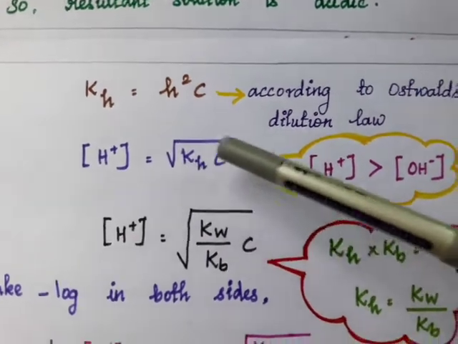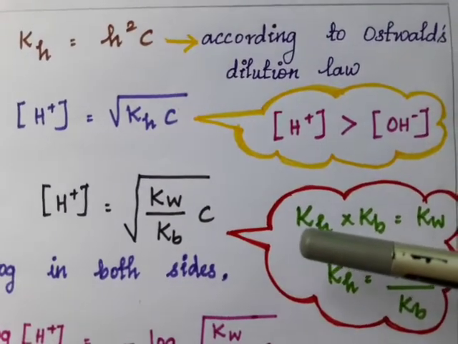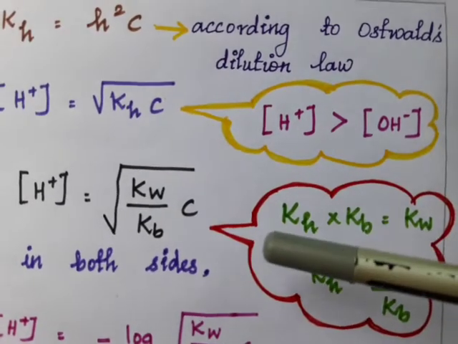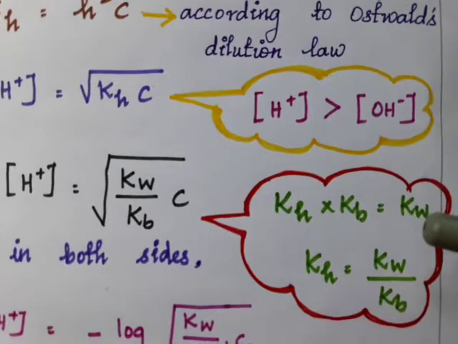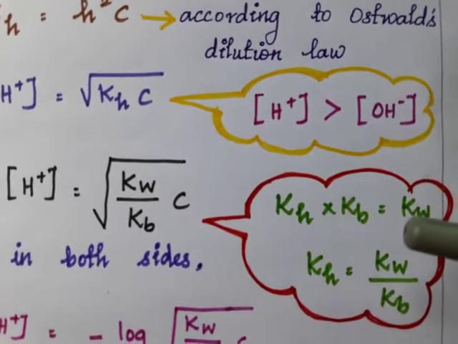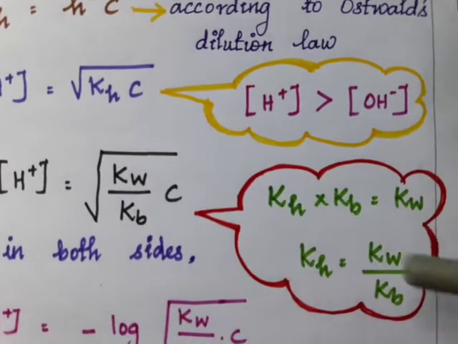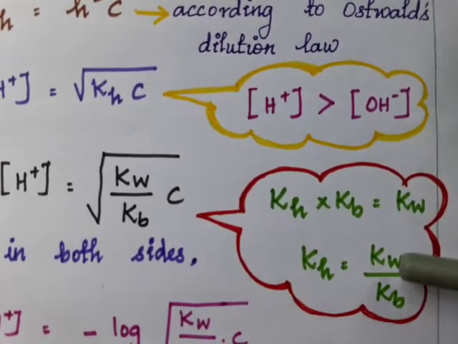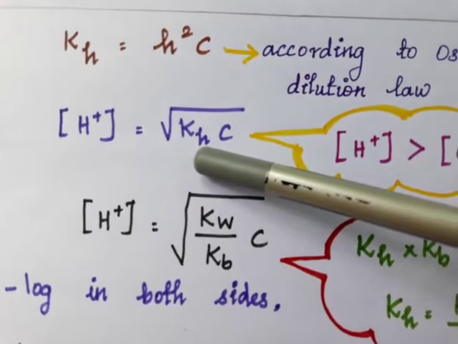So Kh value we can get from the relation between Kh and Kb. So Kh into Kb is equal to Kw. So Kh is equal to Kw by Kb. Let me substitute this Kh value in this equation.